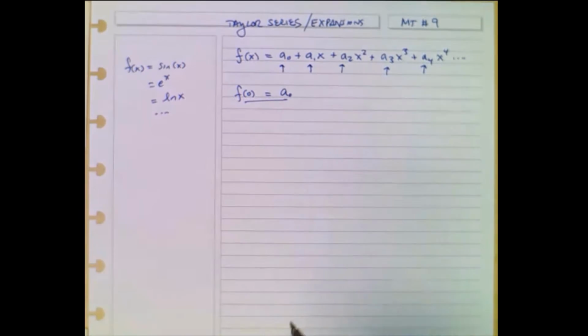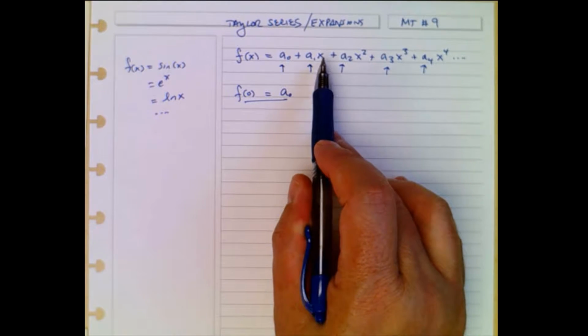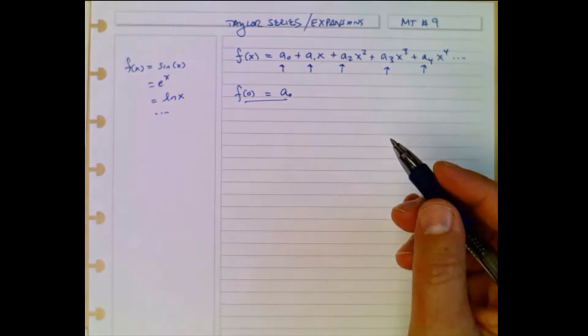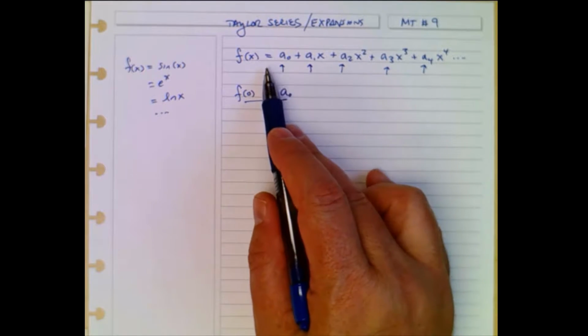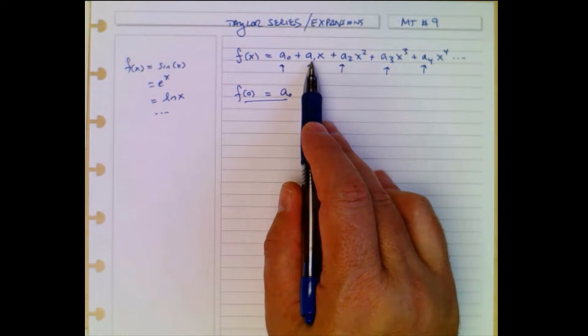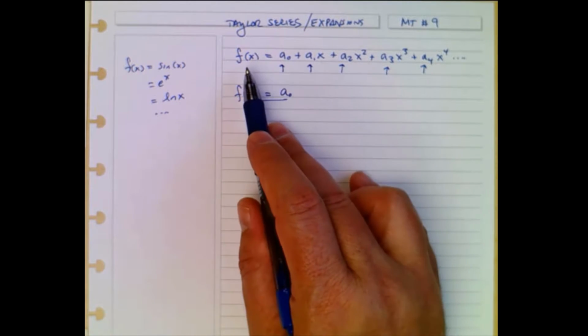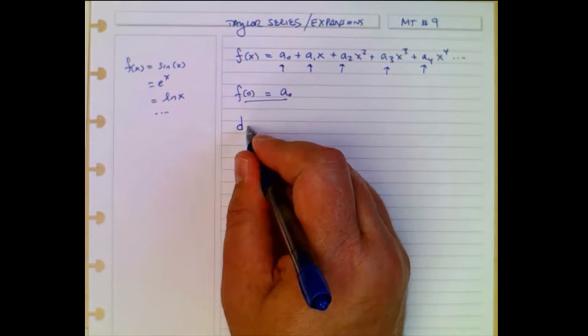So what if I want to know something about the next term? What if I want to know a1? Well, it might occur to you that I can isolate a1 by taking the derivative of f with respect to x.